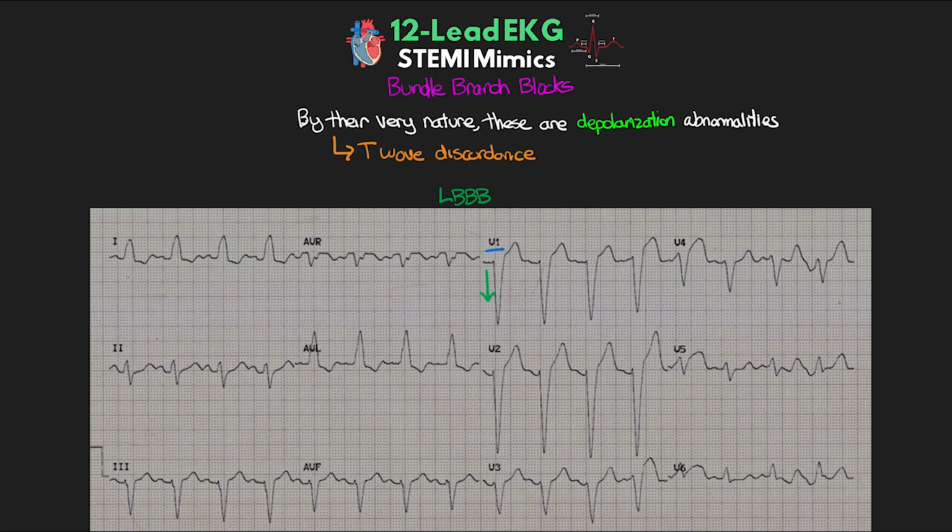Again, in V1 through V3, we see the T-wave discordance with the associated ST elevation. And while harder to see in our lateral leads V5 and V6, if we actually look at our high lateral leads, 1 and aVL, we definitely see a dominant positive R wave with negative T wave discordance, and thus ST depression here.